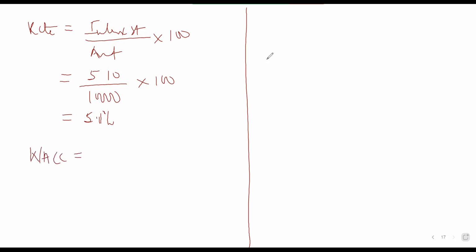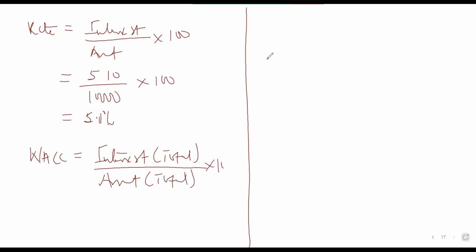The WACC is calculated as the total interest on all the funds that are used over the total amount of the funds that were used. The interest was 510, which is the interest on the two loans. The total amount of the two loans is 10,000. So the interest over the amount times 100 is 5.1.